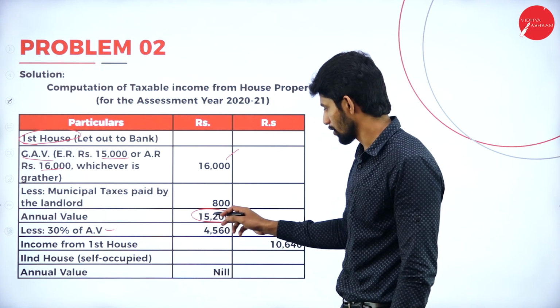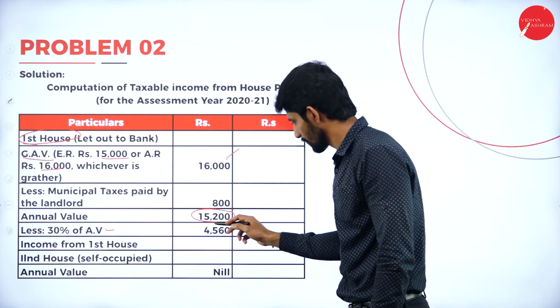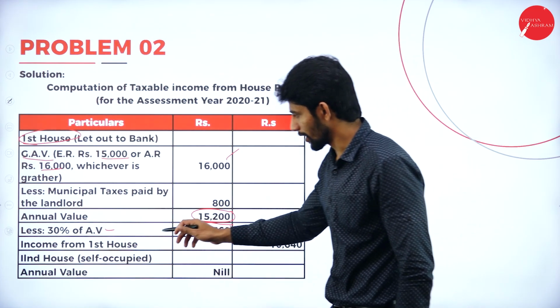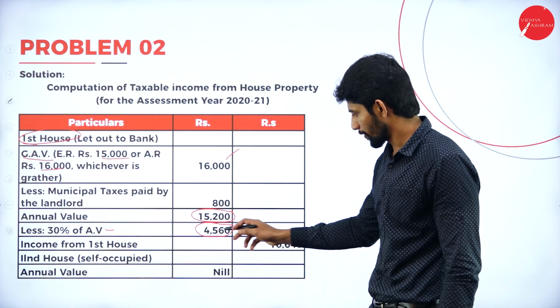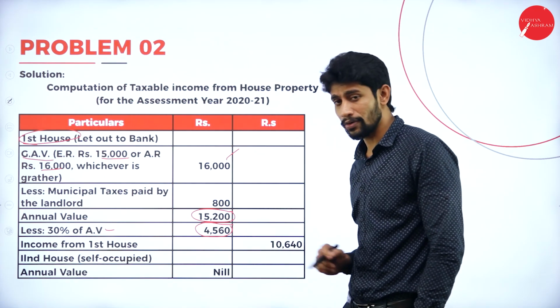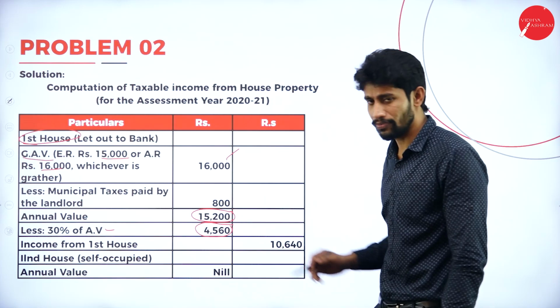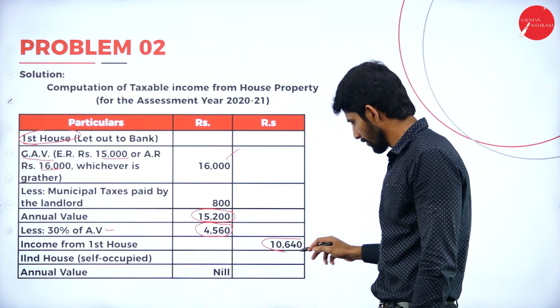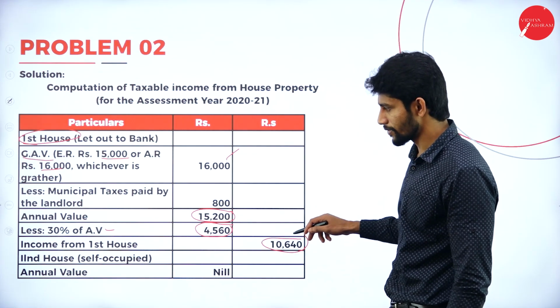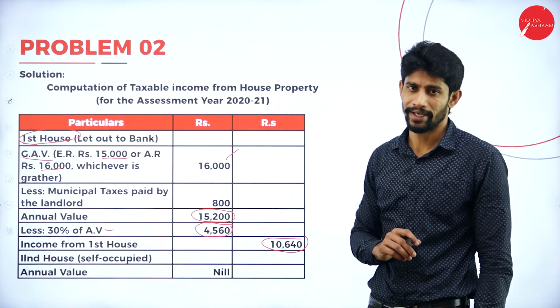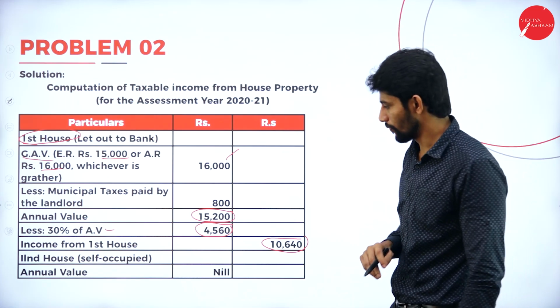So deduct 30% on 15,200, you will get 4,560. Deduct 4,560 from 15,200, because interest on loan is not given to deduct on house 1. So balance 10,640. This is the income from house 1.